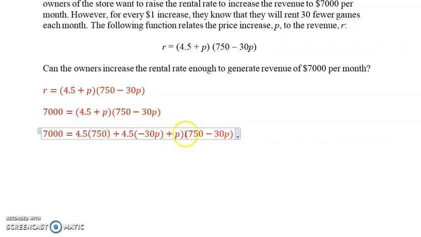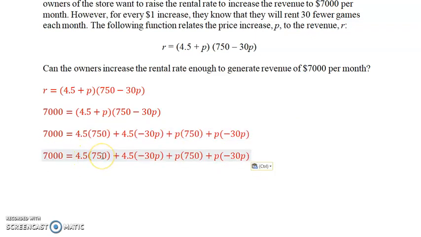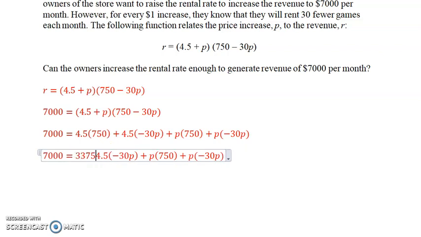Then it's going to be P times 750 and P times negative 30p. Right? Distributive property. We'll clean this up and then we'll subtract the 7,000 from both sides. So 4.5 times 750 is 3375.